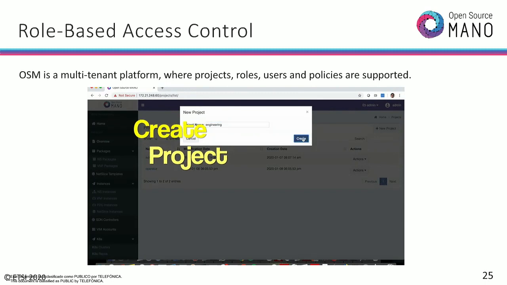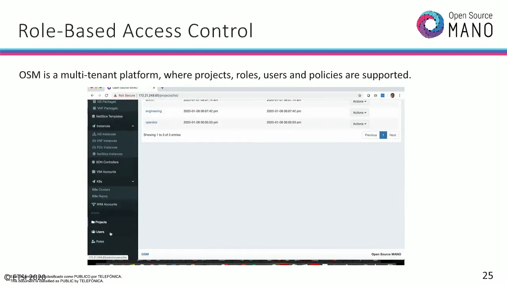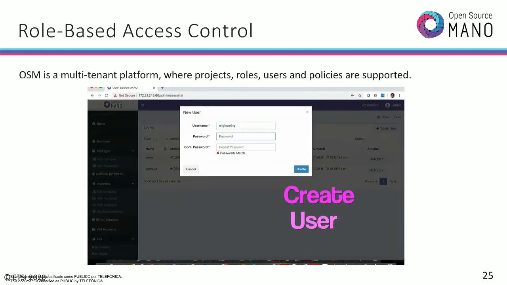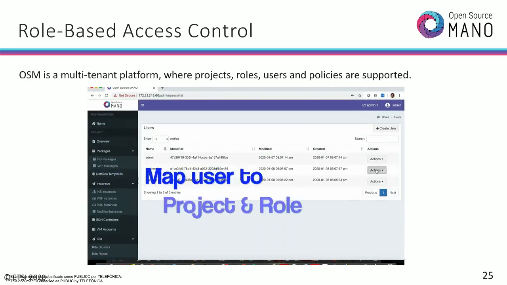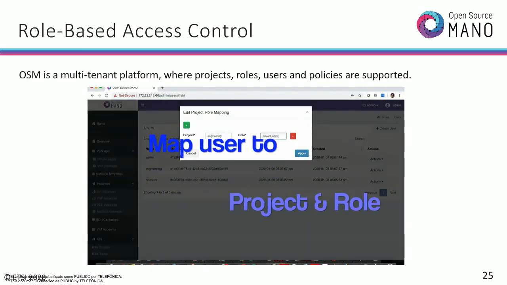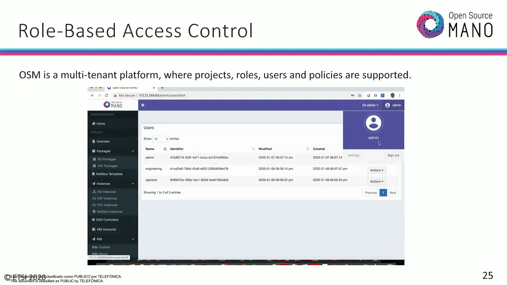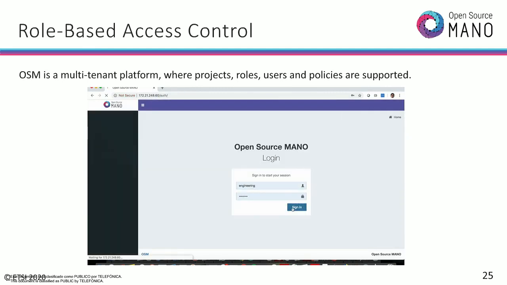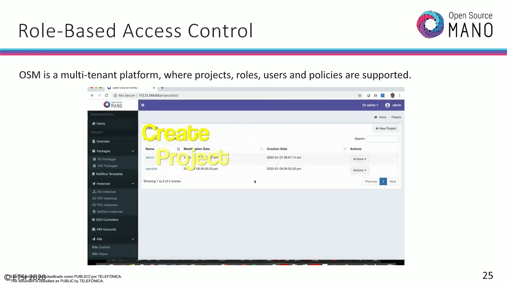Then role-based access control is a feature that we launched in release 6, but today in release 7 it is a strong feature that I think is important for production environments and is already connected to the dashboard.